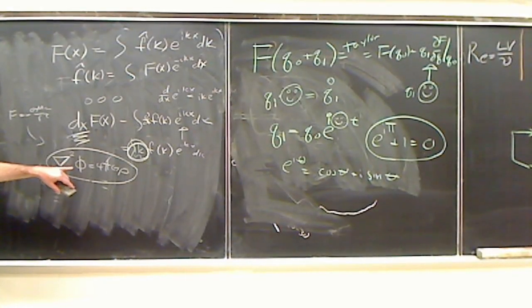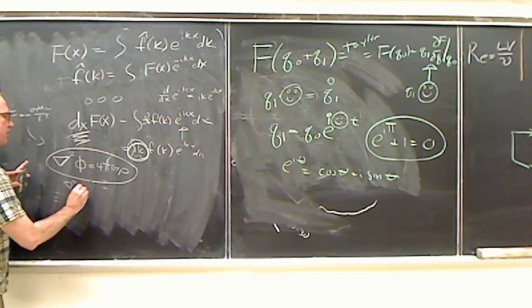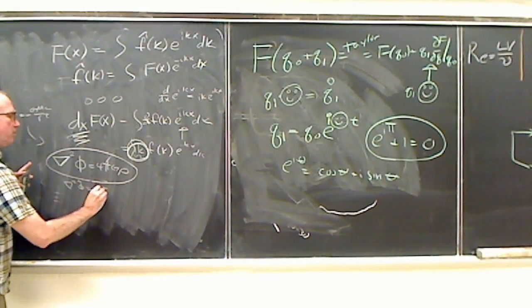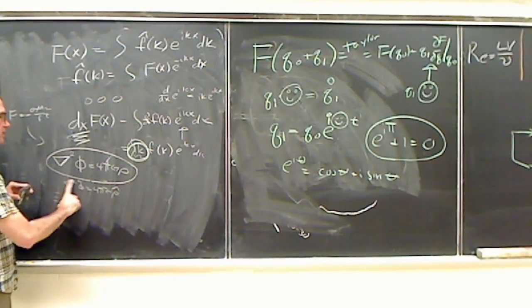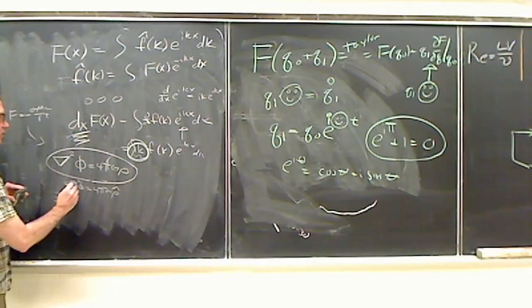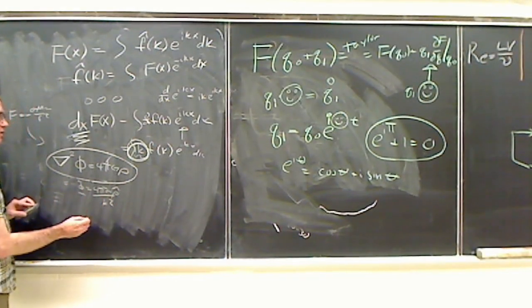But when I solve this in the code, I take a Fourier transform of both sides, so that I'm left with del squared phi hat equals 4 pi G rho hat, and now I'm in Fourier space, but this del squared just becomes a minus k squared. So I just divide by k squared over here, and I have a potential.